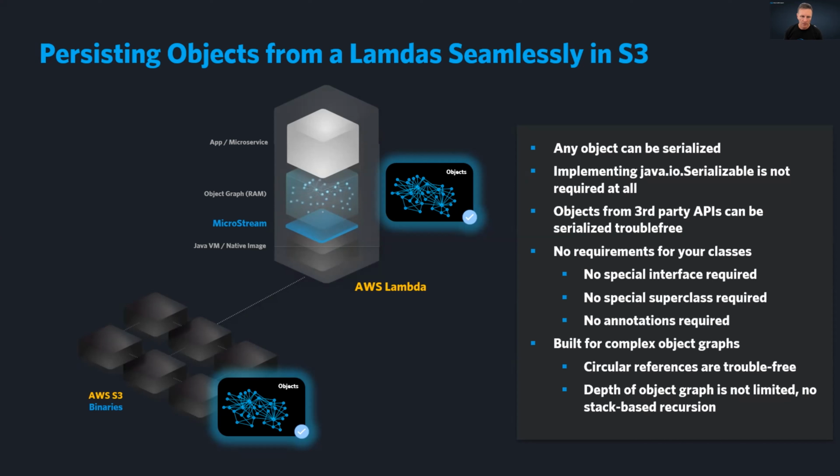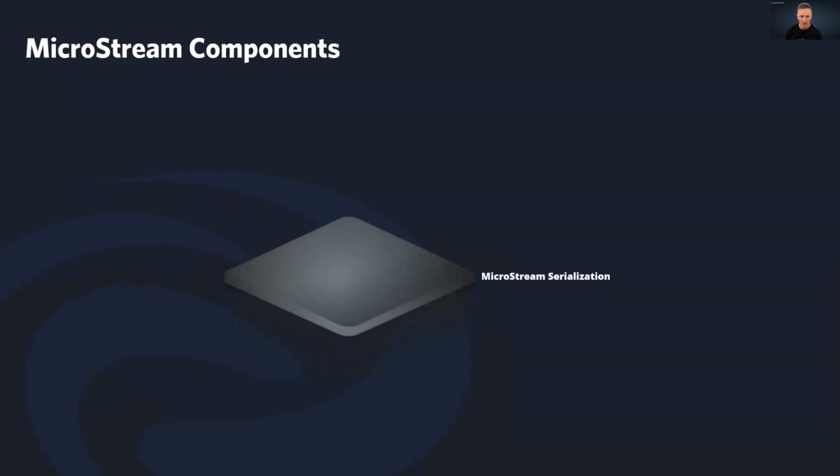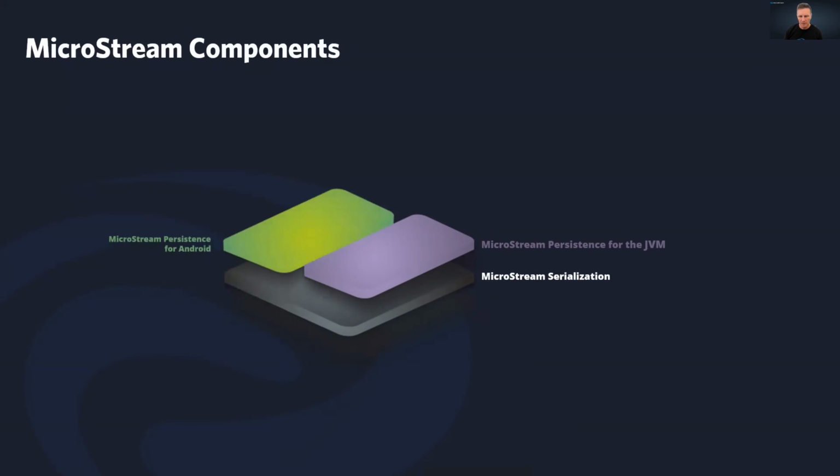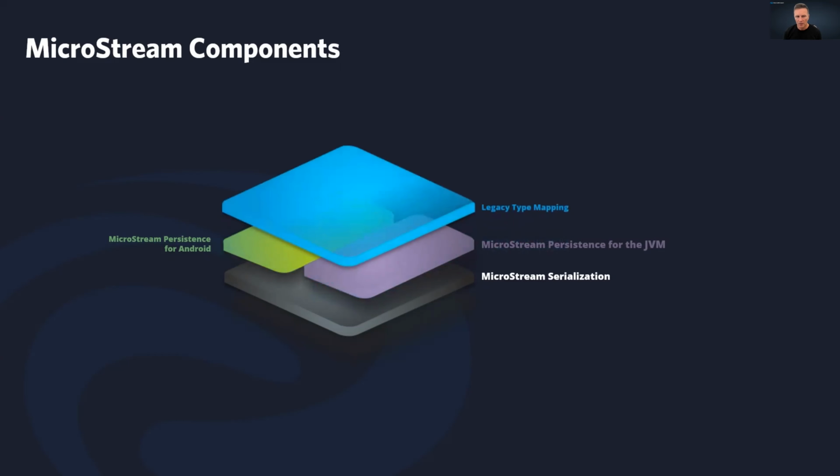So this was the second use case, and with MicroStream, you not only get the serialization. This is the core of MicroStream. On top of this, we have a persistence layer built for the JVM. We have the same persistence layer that runs on Android, and on top of the serialization we deliver a so-called legacy type mapping, which manages your class changes.